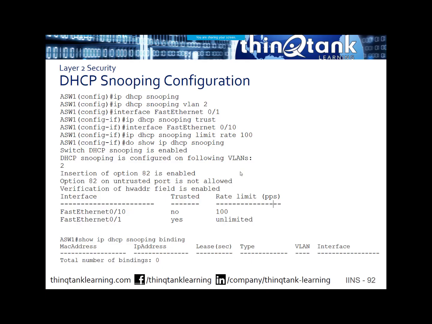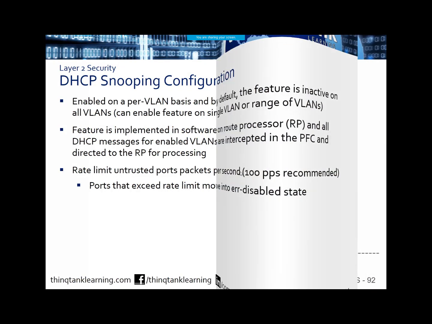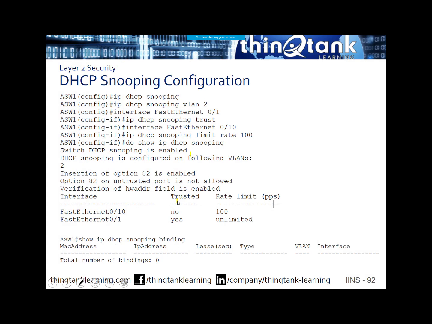Okay. So, as we said before the break, IP DHCP snooping is what's going to enable the feature globally on the switch, although it's still not technically running in this case because you do have to apply it on a per VLAN basis. So the second command is what actually enables the feature on the VLAN itself, IP DHCP snooping vlan, and then you would specify that on your VLAN.